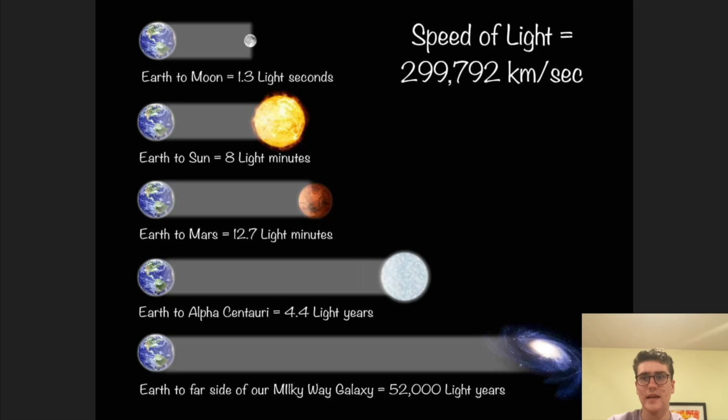Now, because light takes so much time to travel, although it's pretty quick, it does take a good amount of time for things that are very far away. So it actually takes 8 minutes for the light from the sun to reach Earth and for us to observe it. So when we see a sunset or sunrise, we are actually looking at the sun's position from 8 minutes ago. This concept allows us to see back in time, kind of.